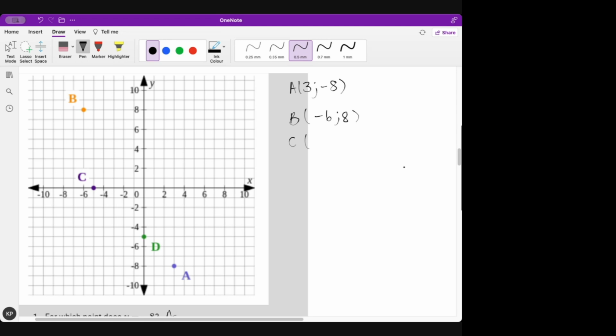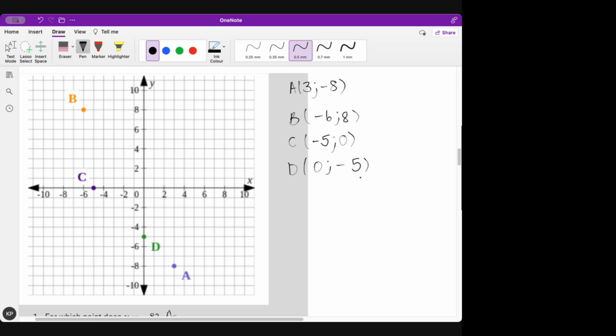Let's reach a consensus about the coordinates of C. -5 and 0. It is indeed -5 and 0. And finally, point D. This time it's 0 and -5.